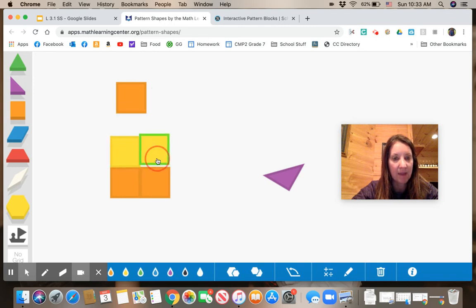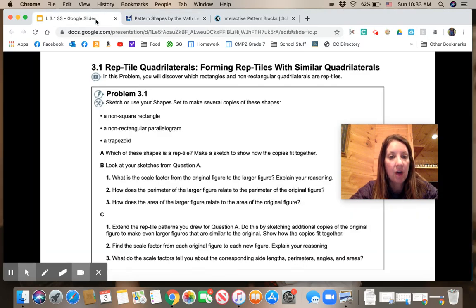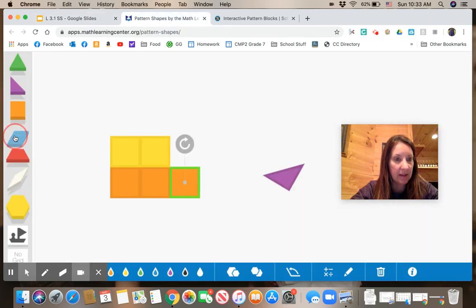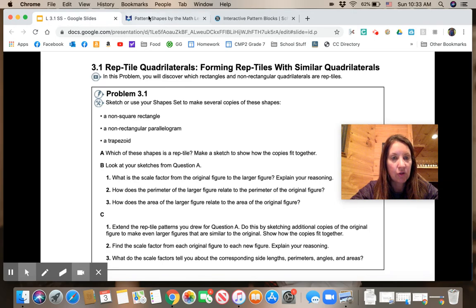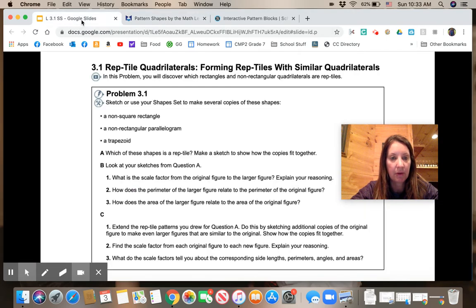Now, can I make a larger rectangle that will fit this smaller one? Can I make it with a scale factor of 2 or 3? A non-rectangular parallelogram, that would be this parallelogram, right? And a trapezoid. Okay, so these are the three you'll need: the rectangle, the parallelogram, and the trapezoid.